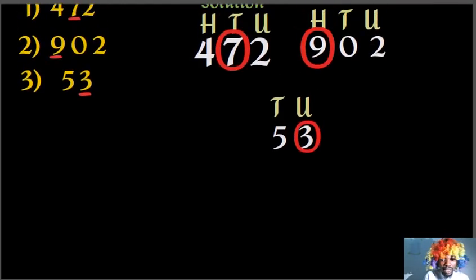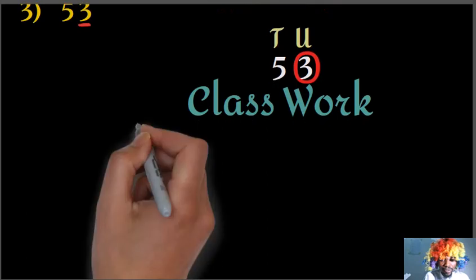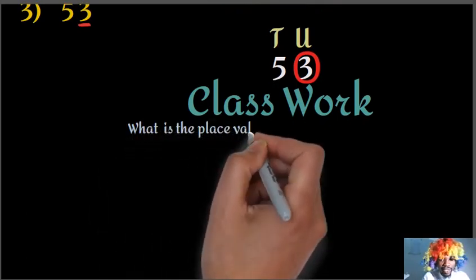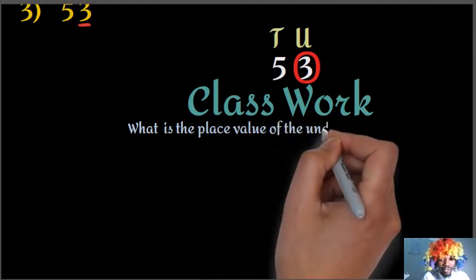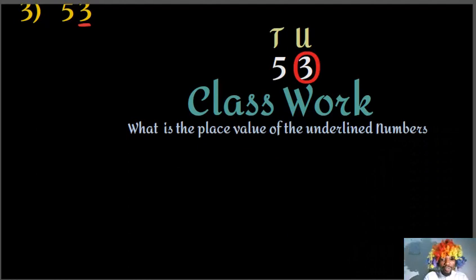So let's take classwork. I'm going to give you this classwork, and please do your classwork, let mommy and daddy help you snap the classwork and then send it to us for marking, so that you can win some prizes at the end of the term. Yes. Okay, so let's take the first one. What is the place value of the underlined numbers?